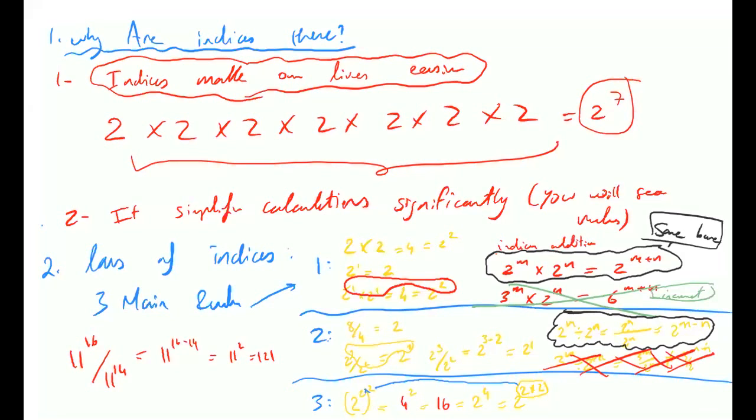Again, it must have the same base. So 2 power m raised to the power of n will be 2 power mn, which will be equal to 2 power n raised to the power m, right?